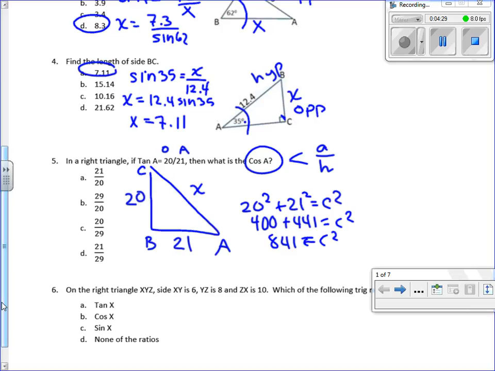I use my calculator, take the square root of 841 using the second key, enter, and I get 29 for the length of the hypotenuse. Now I can find the cosine of angle A. Cosine is adjacent over hypotenuse, so that would be 21 over 29 for question number 5.